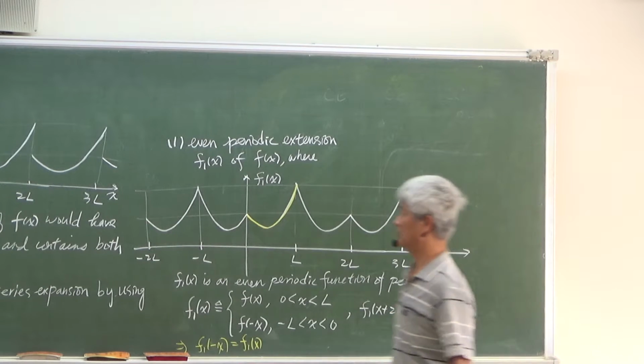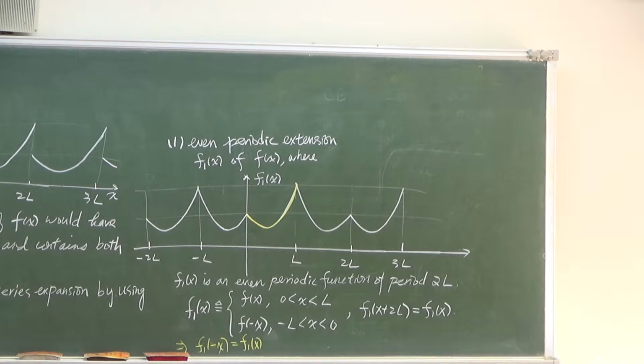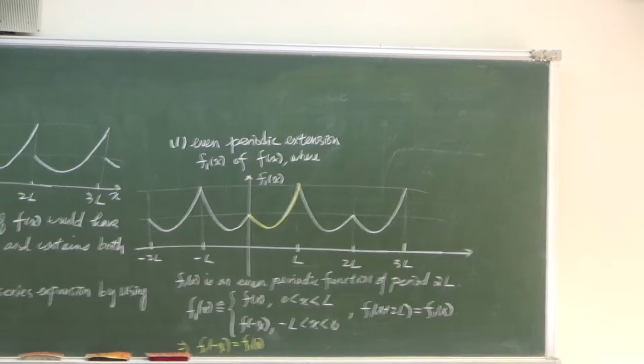And we know for an even periodic function, the Fourier series expansion consists of only cosine terms.